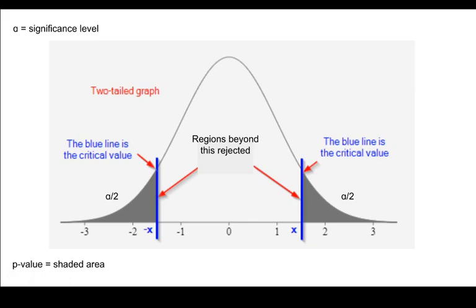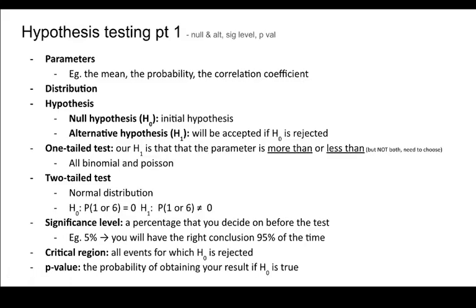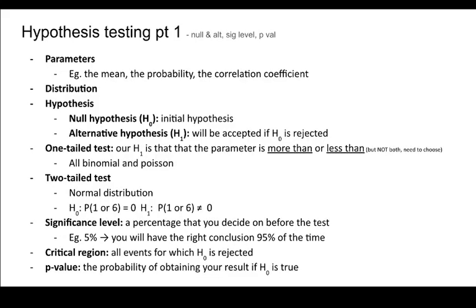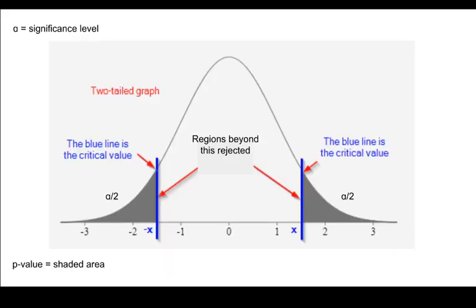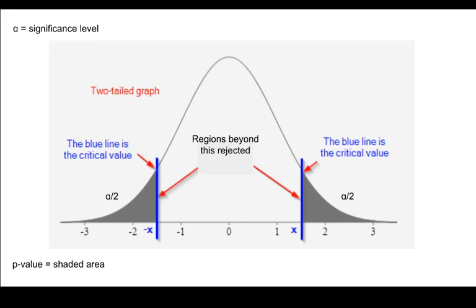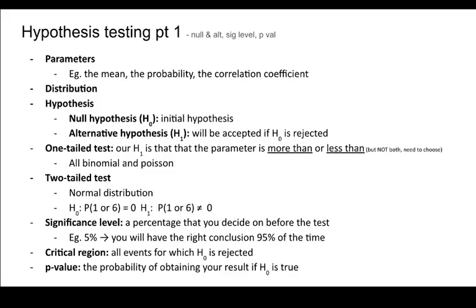Yeah. And then we also have significance level. Significance level is how confident you want to be with your data. The standard significance level that we usually use is 5%. If we have a 5% significance level, that means we're 95% confident that our results are going to be right.